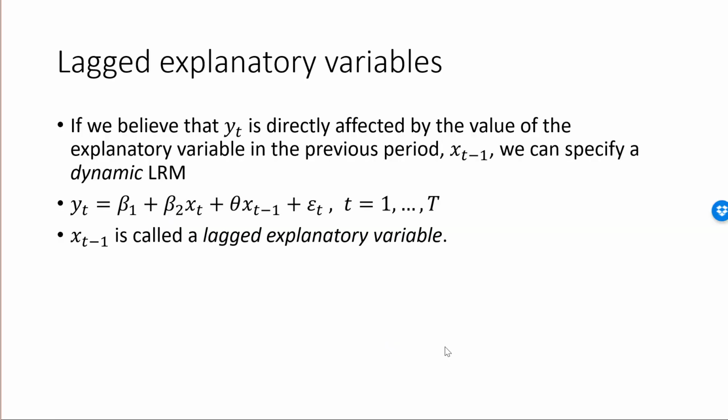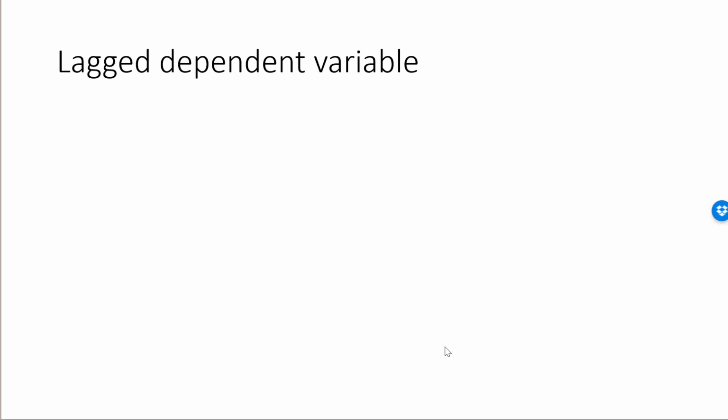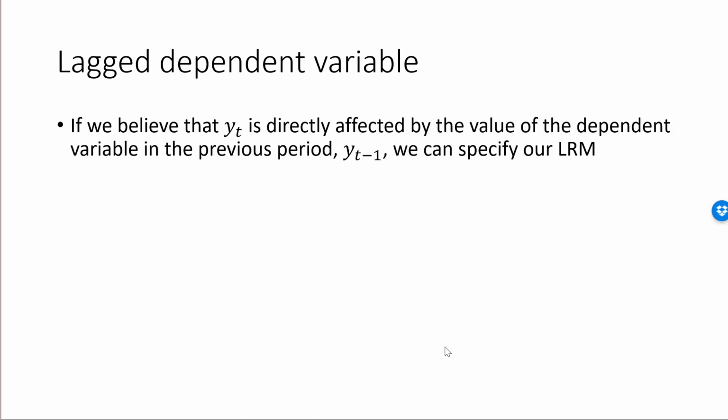So lagged explanatory variables are not the only type of lagged variables. We can also have lagged dependent variables. So the idea here is that we believe that yt is directly affected by the value of the dependent variable in the previous period, yt minus 1.